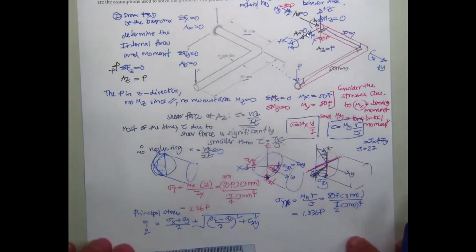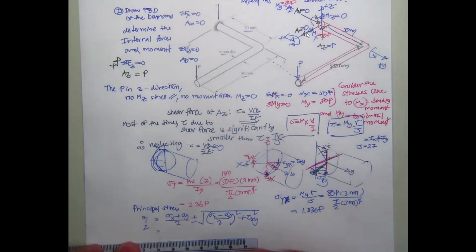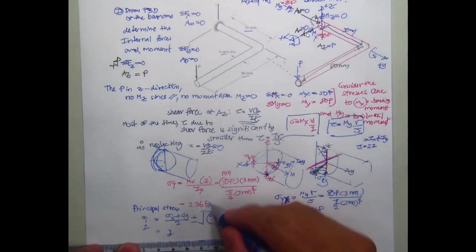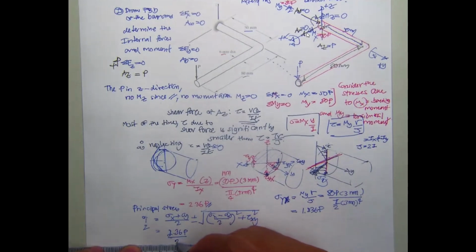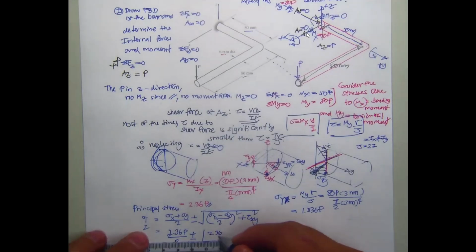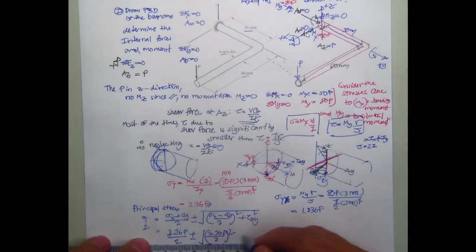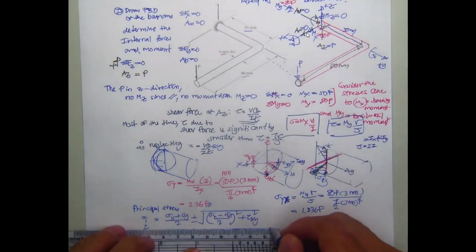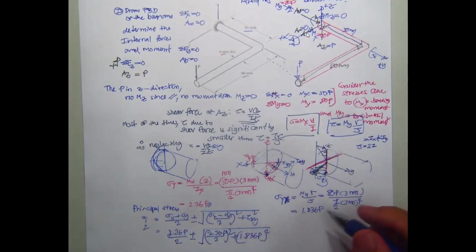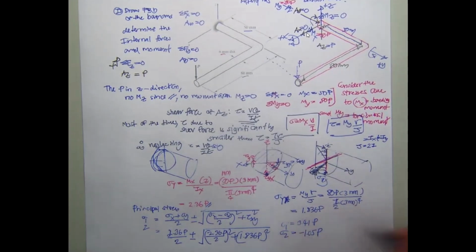And then again, following this one, we have only sigma y. 2.36 P divided by 2 plus minus square root of 2.36 P divided by 2 squared, plus 1.836 P squared, and then square root. Okay, so we have sigma 1 equal to 3.41 P and sigma 2 is minus 1.05 P.